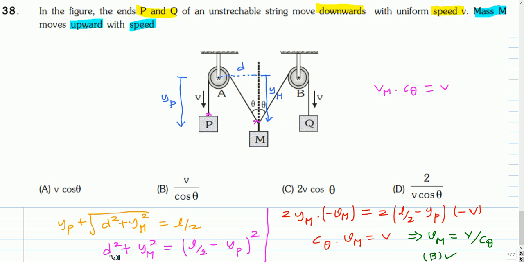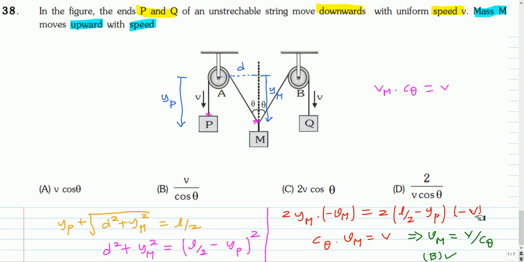So from this we get d square plus ym square as this quantity. If we differentiate both sides, both ym and yp are changing with time. So we get 2ym into ym dot, and ym is decreasing with time, so ym dot is minus vm, and then 2 times L by 2 minus yp into yp dot, and yp dot is increasing with time.